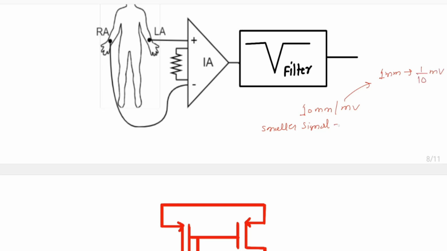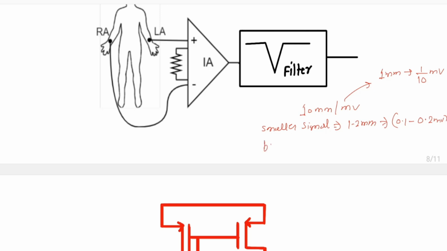So the smaller signal, 1 to 2, will be 0.1 to 0.2 millivolt. I'm just trying to find out how much a differential signal would be. Because when we simulate we usually don't know how large a small differential signal will be, so I just wanted to have a real estimate.